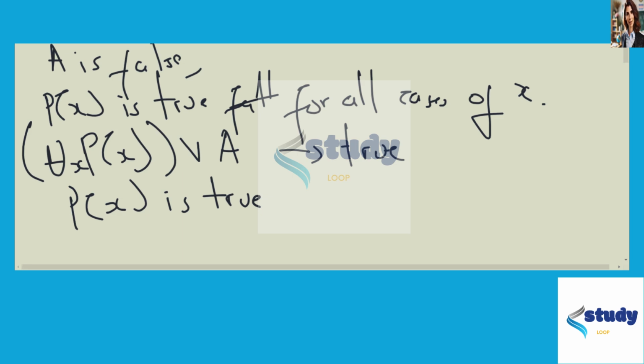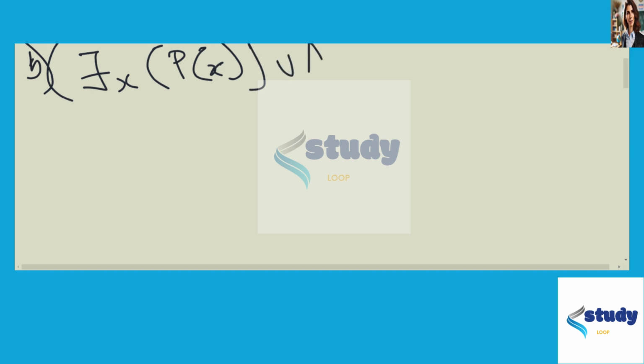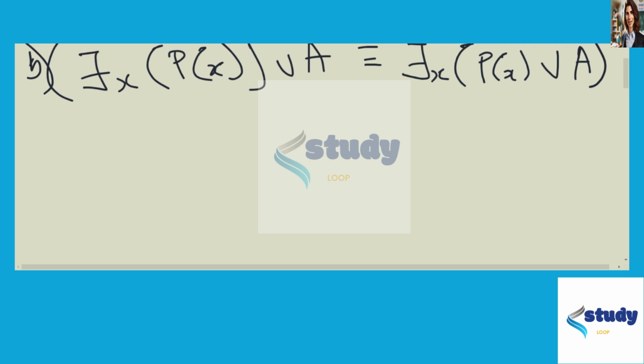So for our B part, we have there exists some x, P of x disjunction A, is equivalent to there exists some x, P of x, disjunction A. So here there are two cases as well, depending on whether A is true or false.